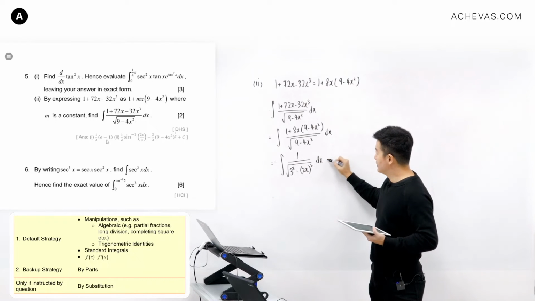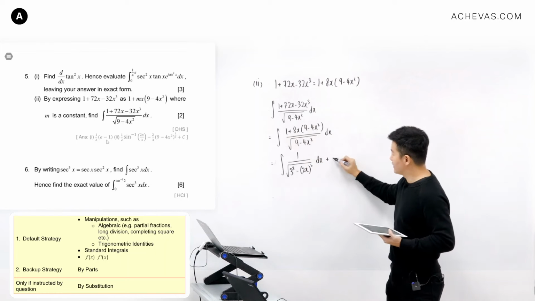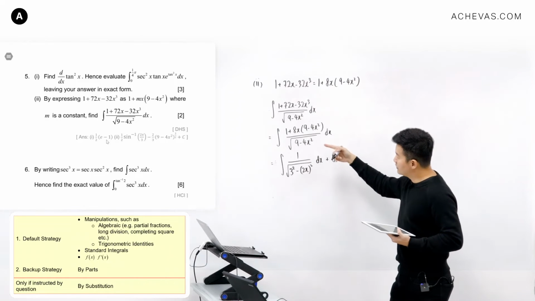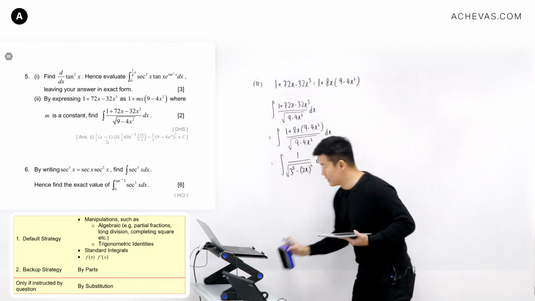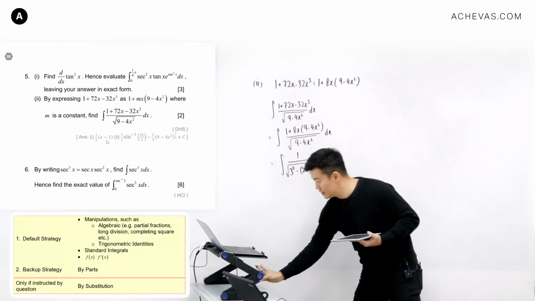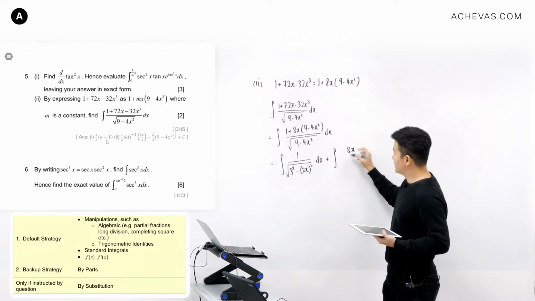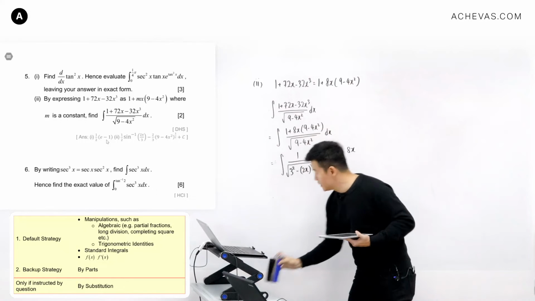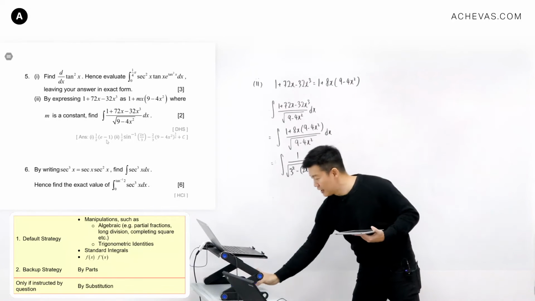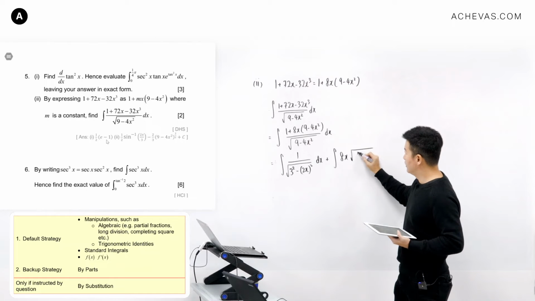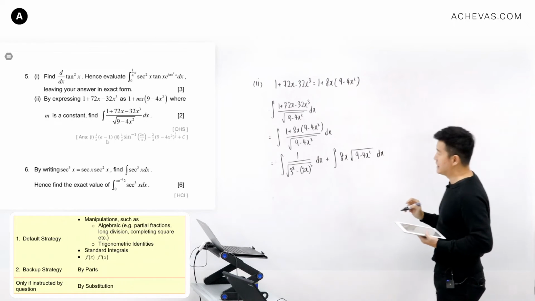Then the 8x, in fact, I think it is a good idea to leave it inside. So let me just leave it inside first. It will be 8x divided by the square root of 9 minus 4x squared, so we have 8x over square root of 9 minus 4x squared dx.